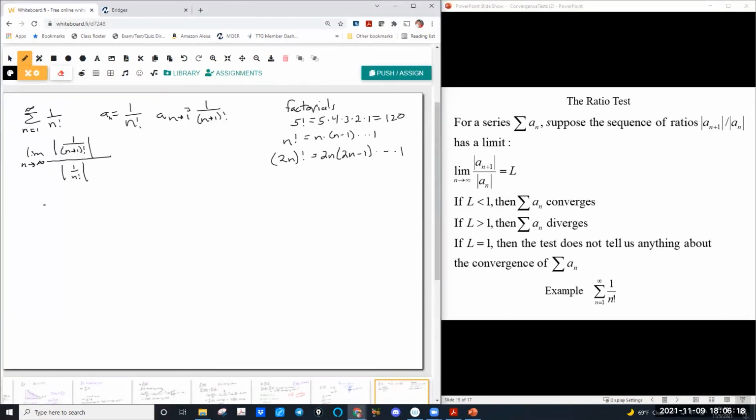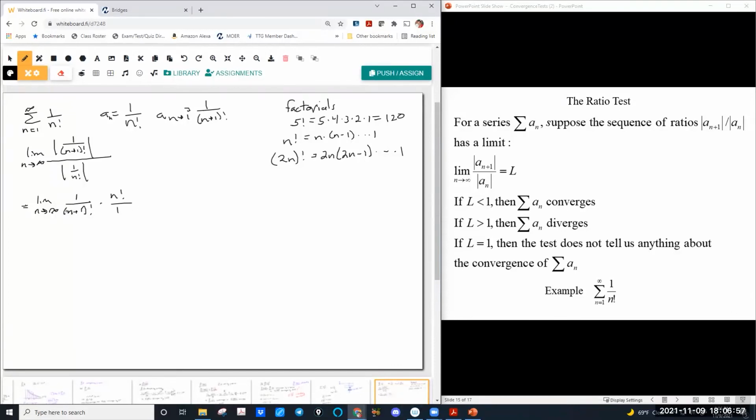Now, every single time you do this, and this is why I'll skip this first step from here on out, the very first thing you're going to do is flip the bottom and multiply. Don't need the absolute values anymore. 1 over n plus 1 factorial times n factorial over 1. So from here on out, I'm going to skip right to this step, because it's always going to be what you do: a sub n plus 1 times the reciprocal of a sub n.